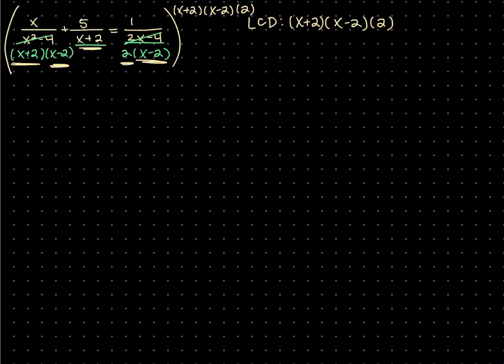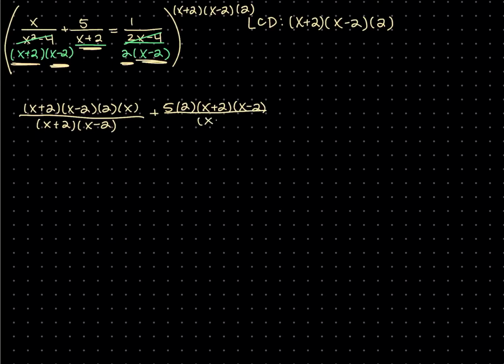So we're going to end up with x plus 2, x minus 2 times 2 times x over x plus 2, x minus 2, plus 5 times 2 times x plus 2 times x minus 2 over the x plus 2. And then on our right side, we're just going to get our LCD x plus 2, x minus 2 times 2 over our 2x minus 2.